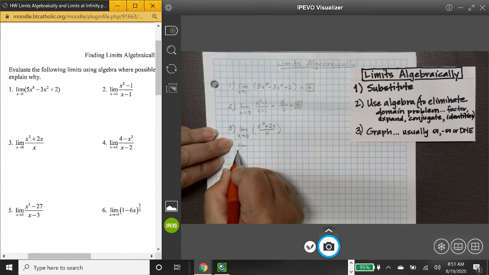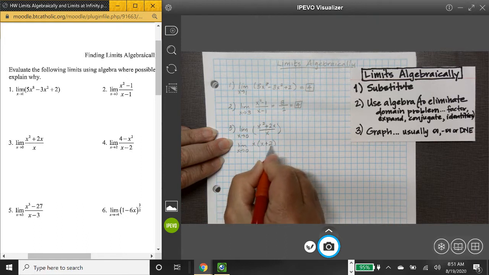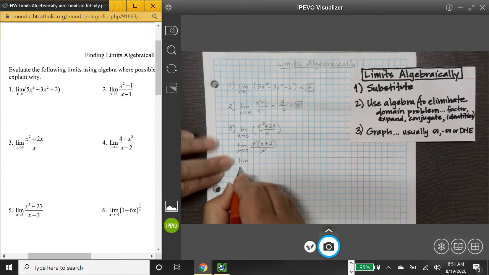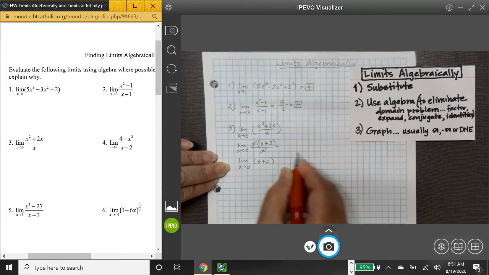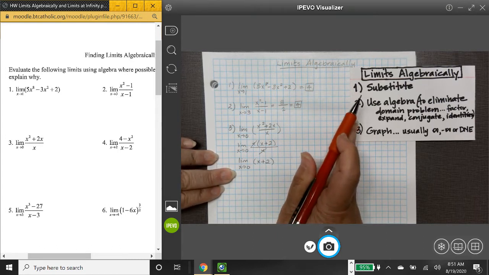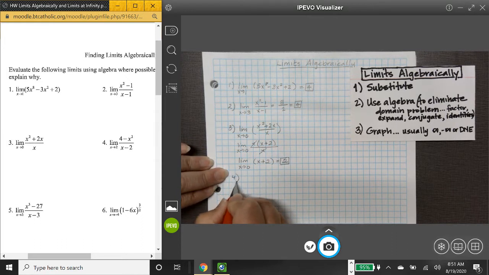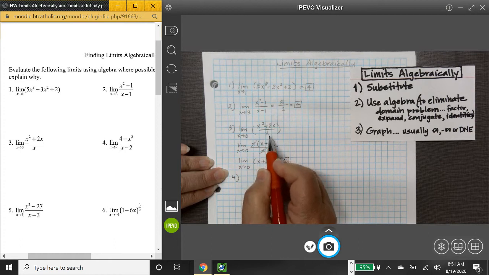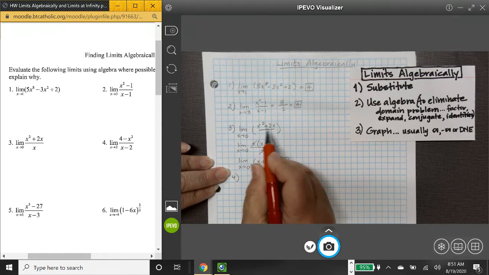So we get the limit as x approaches 0 of x times (x plus 2) all over x, and this is canceling, and then I'm left with the limit as x approaches 0 of x plus 2. And now I can go back to step 1, which is substitute, and plug in x equals 0, and I get a 2. Which means graphically, this is a removable discontinuity at the point (0, 2) for this graph, which is pretty cool.